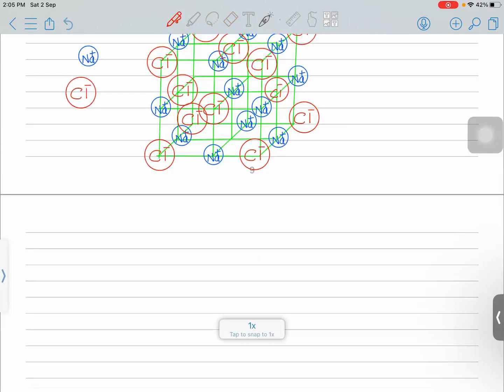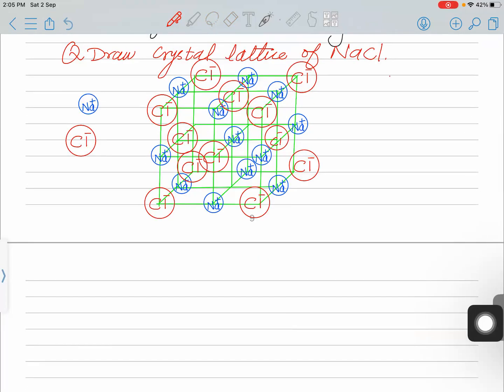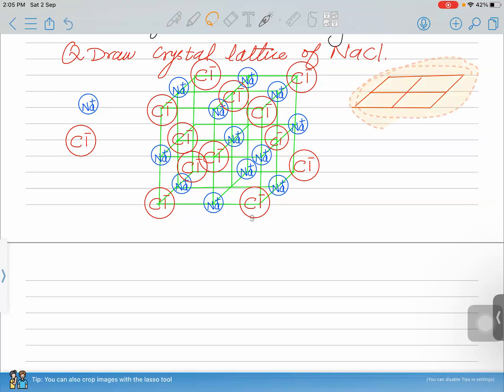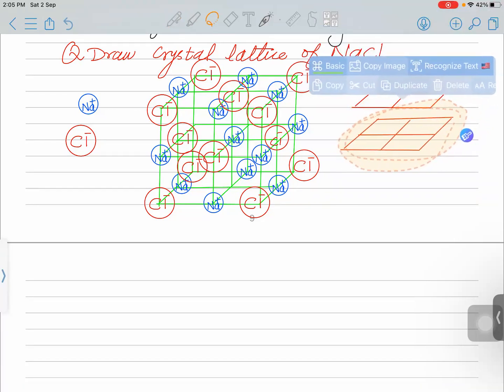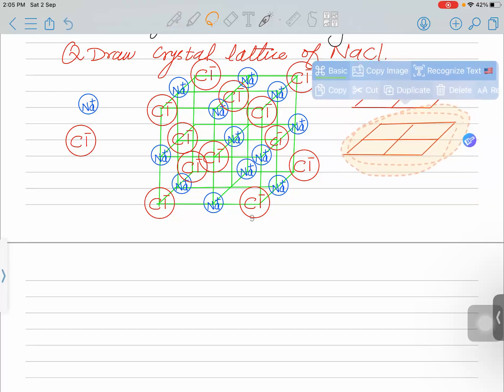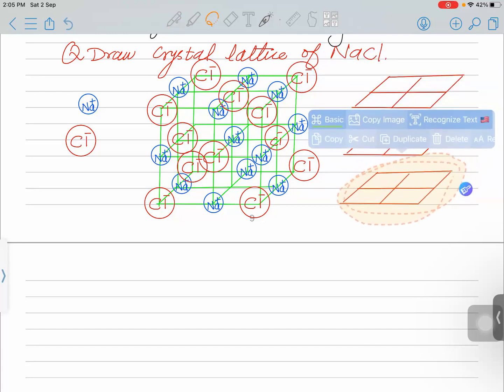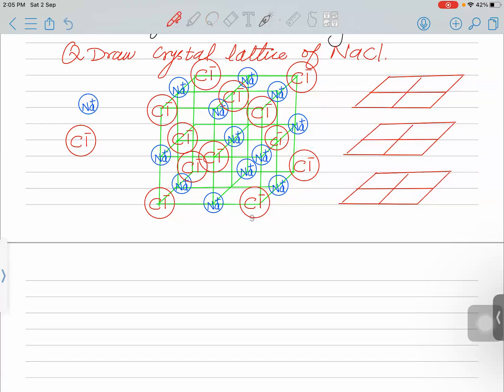Now look at this ionic lattice again. Join this.